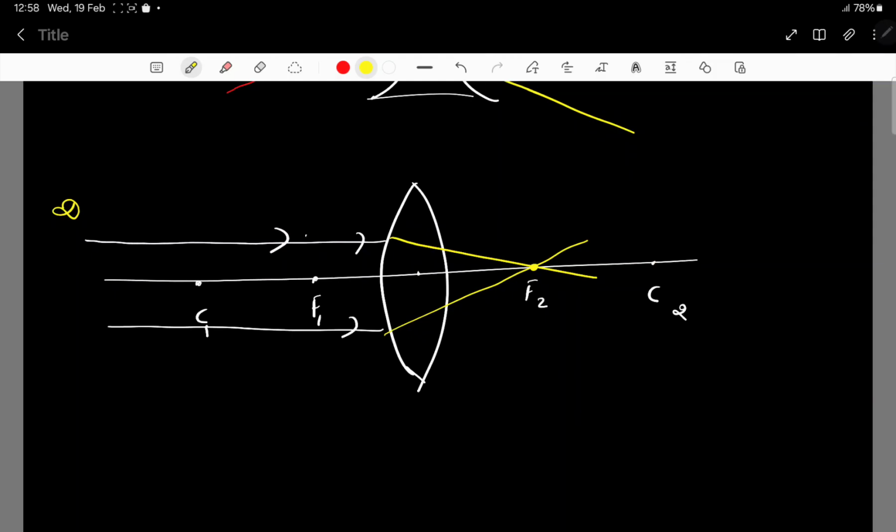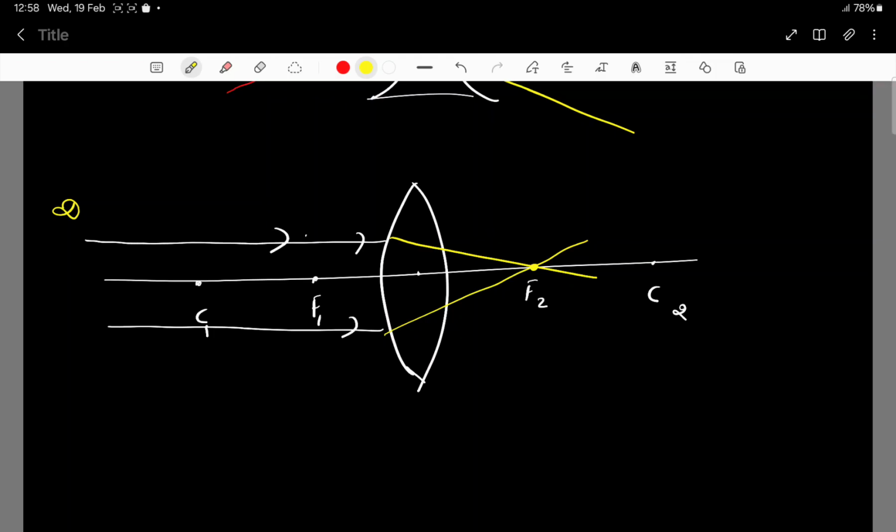In fact, you might have used a convex lens in your childhood, to burn papers or sticks. You will be using it, right? So you will be focusing the light rays to a particular point, and that particular point is nothing but the focal point. The distance between the lens and that point is called the focal length.